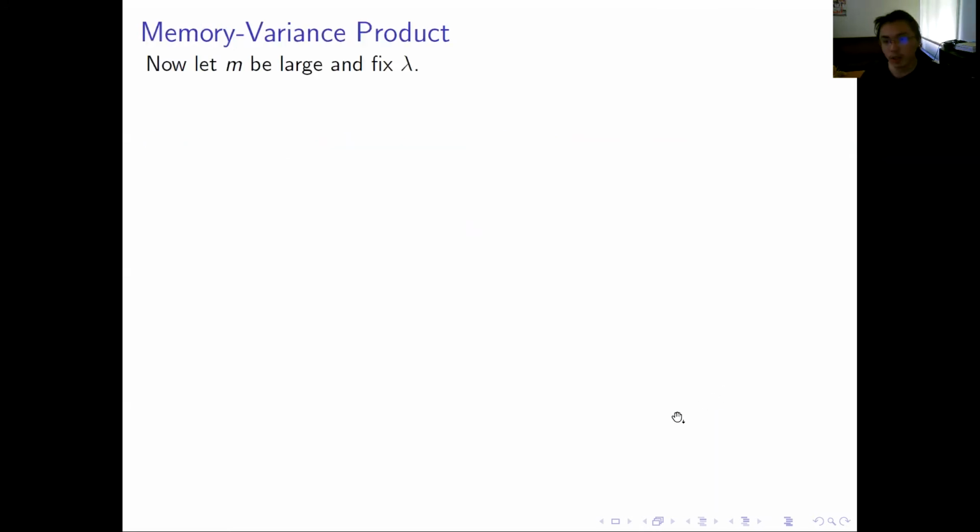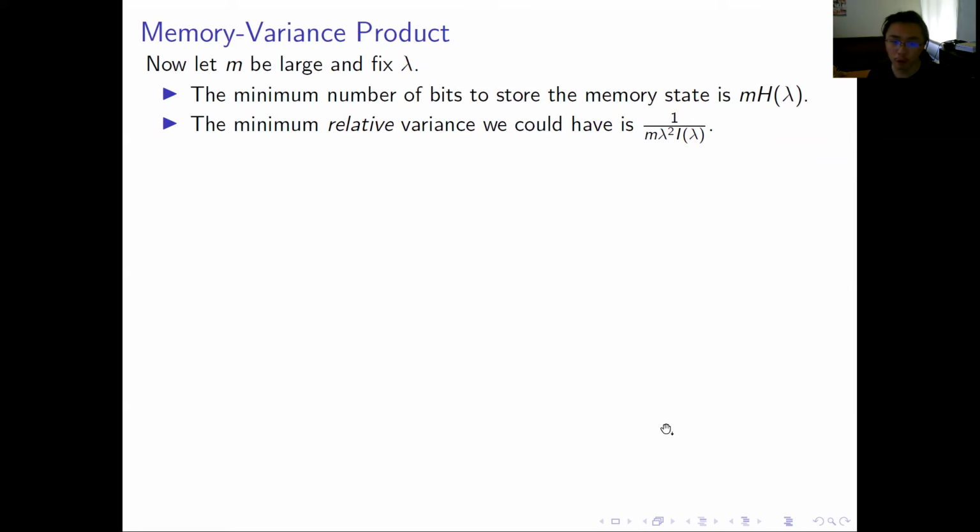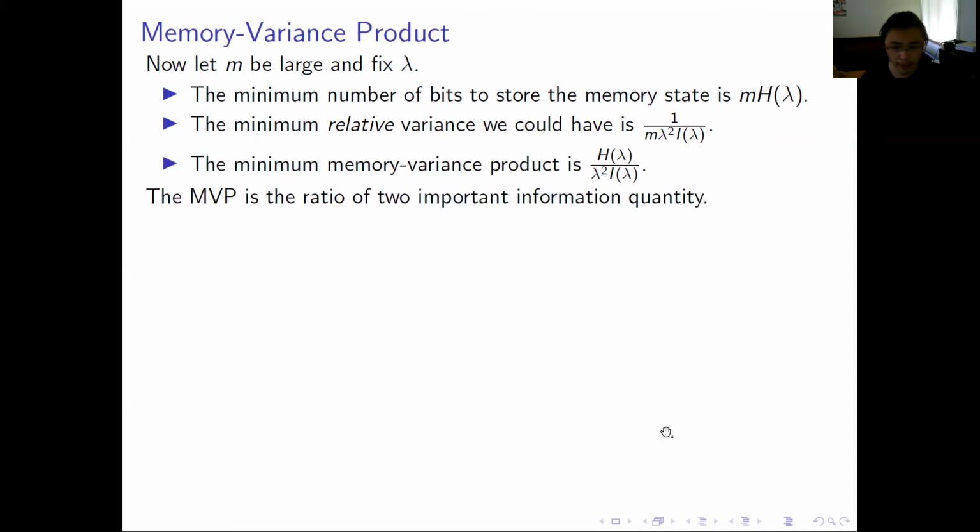Let m be large and we fix a certain lambda. The minimum number of bits needed is m times the entropy, and the minimum relative variance needed is at least 1 over m times the normalized information. So the memory variance product we can achieve is the entropy over the normalized information, which is nice.